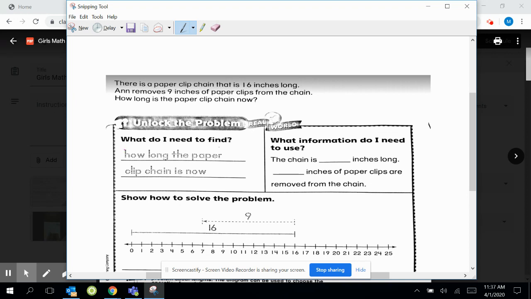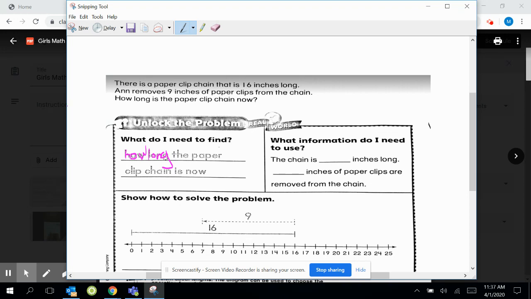You need to trace over what you need to find, and that's the question it asks. How long the paper clip chain is now. And I'm not going to trace over all that because I'm just using my mouse to write here, and it's not the easiest to use.